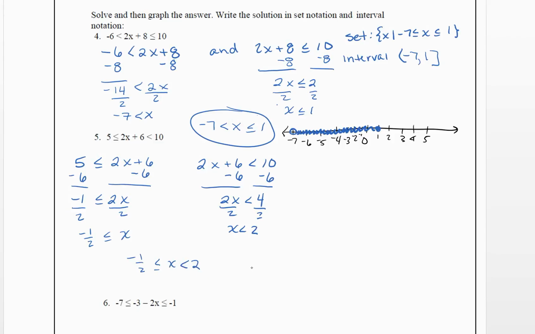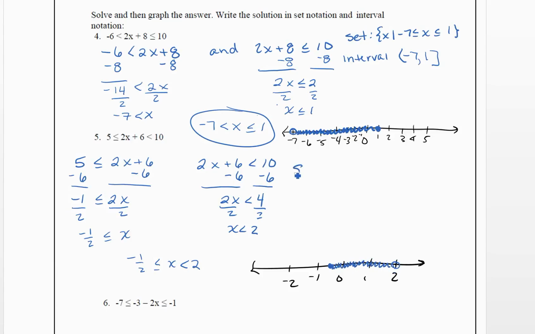So to do our graph, okay, we see the lowest number, -1/2, would be here, and we're doing a closed dot, and we're going up to 2, which will be an open dot, and we want everything between there.